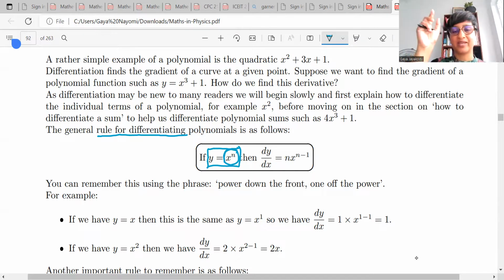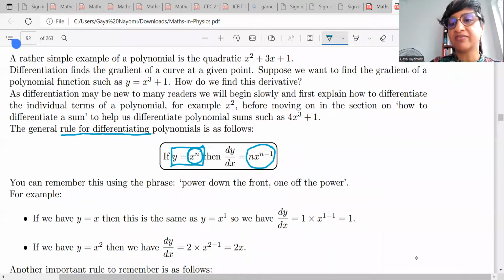Then the derivative of that is this. If you have x to the power of n, when you differentiate that term, n comes to the front like a coefficient and the power drops by 1.